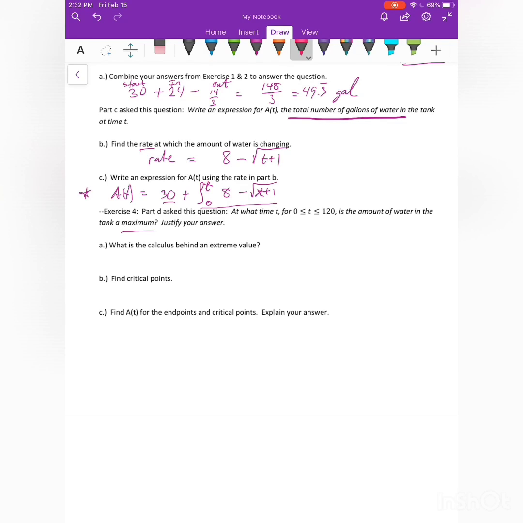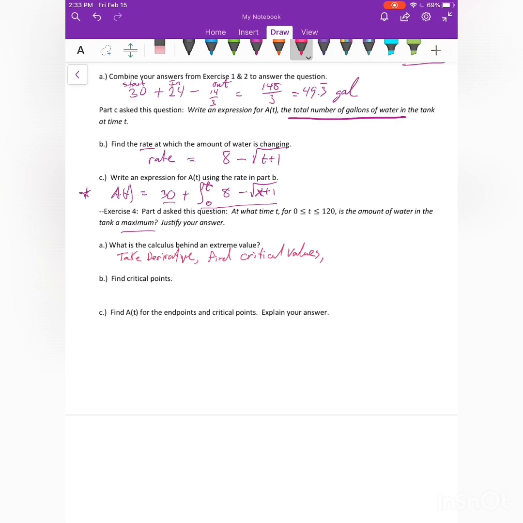So what calculus is behind finding an extreme value? Well, you got to take the derivative, or have the derivative, and then find the critical values. And just to recall, critical values are when the first derivative would equal 0 or undefined. And then finally, this says when is the maximum.